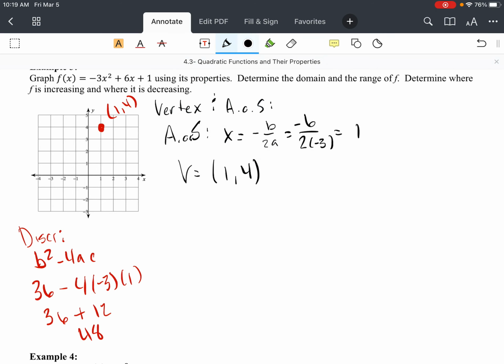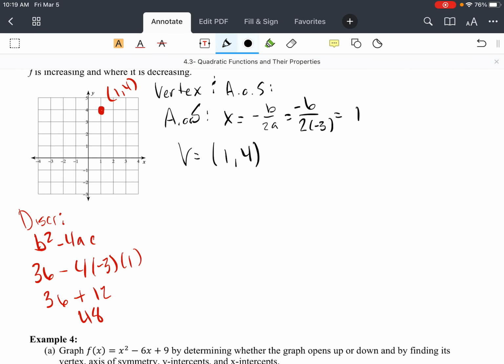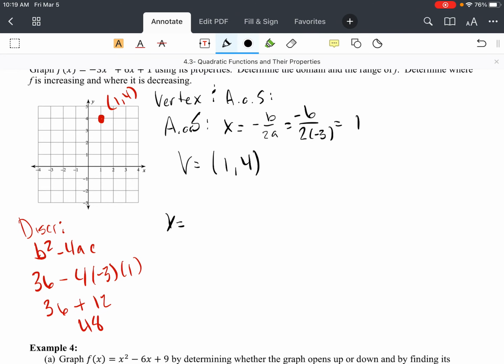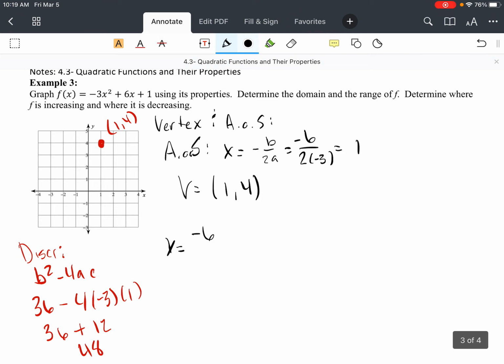So we can find these. Our x-intercepts are going to be x equals negative b, so negative 6, plus or minus the square root of the discriminant we've already found, so we can just plug that in there, all over 2a, so this would be negative 6.